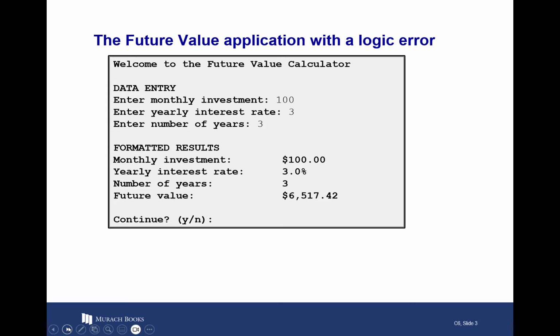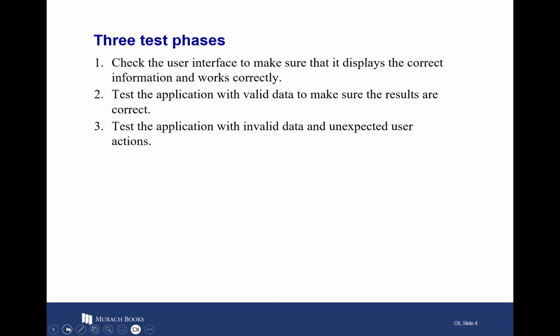It allows you to enter certain values: 100 as the monthly investment, an interest rate of 3, and number of years 3. Then it gives a formatted output, with all these values and text written in a formatted manner, and you can continue if you want to take input from the user again and again.